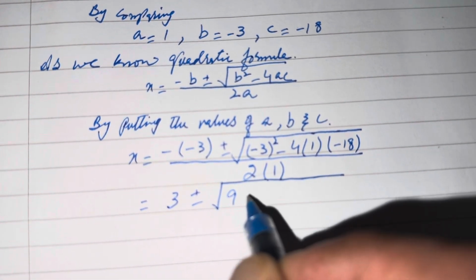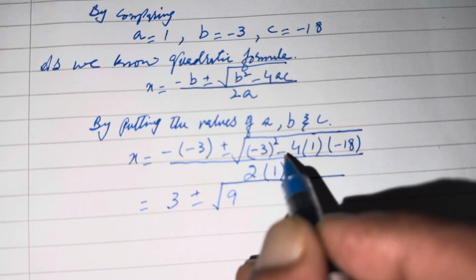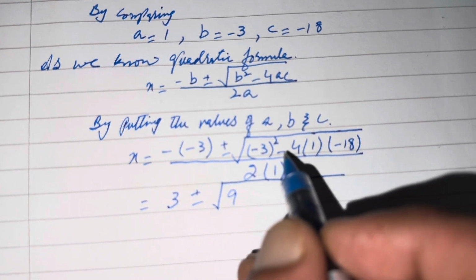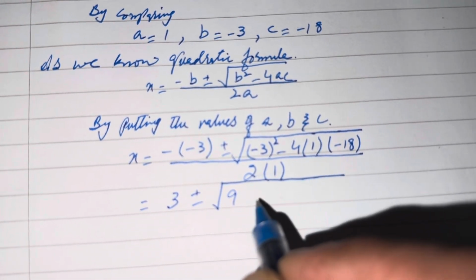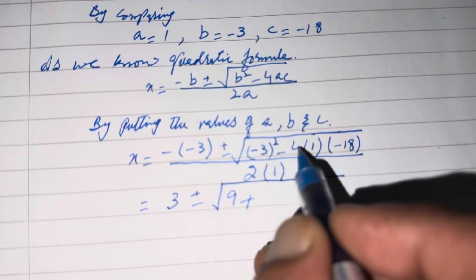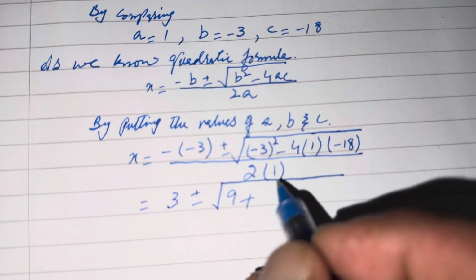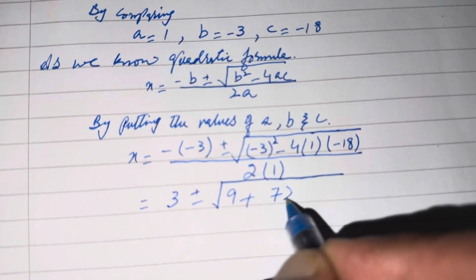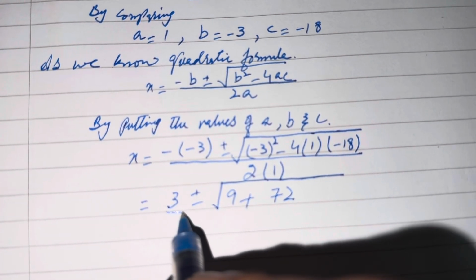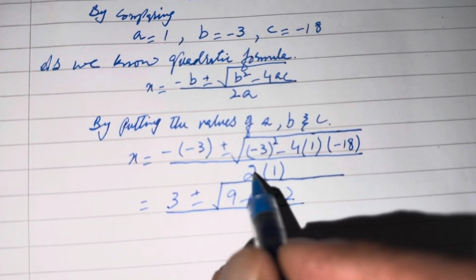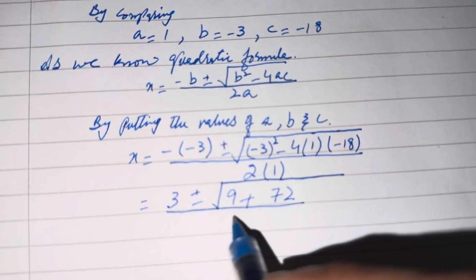So I have written 9 over here, then this minus when multiplied with this minus will become plus, and 4 ones are 4 and 4 18s are 72, divided by 2 into 1, 2 ones are 2.